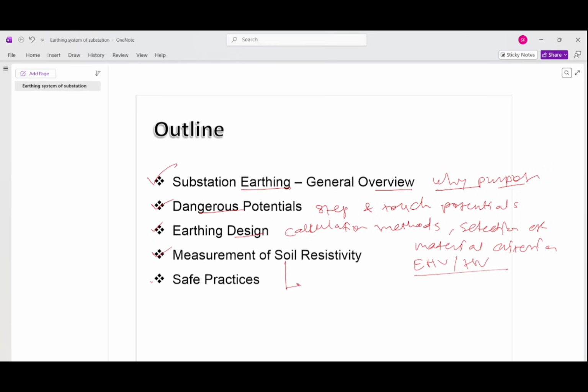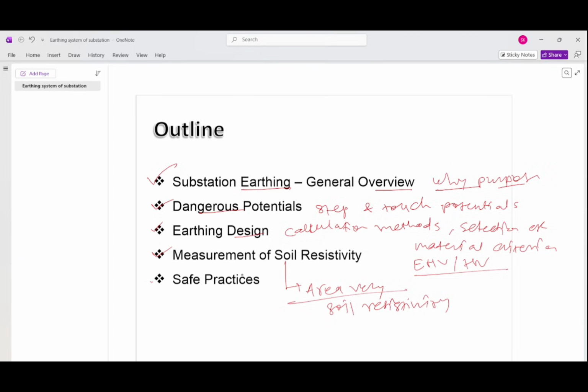Regarding the resistivity of the soil, areas that have very high soil resistivity are the important locations where earthing design is very critical.